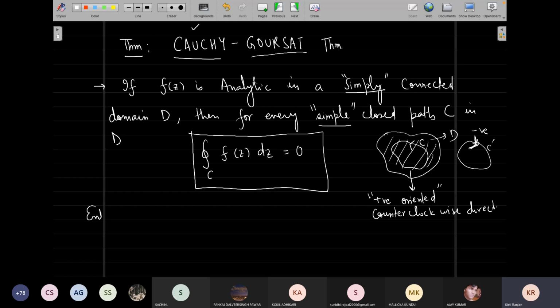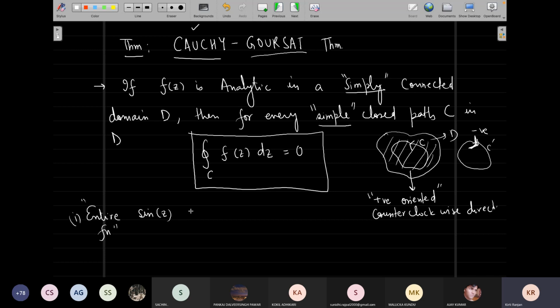Plenty of consequences. Why? Let's talk about the entire functions, like sin z. What are entire functions? Remind me. Entire functions are analytic everywhere in the entire z plane, extending up to, but strictly less than, infinity.